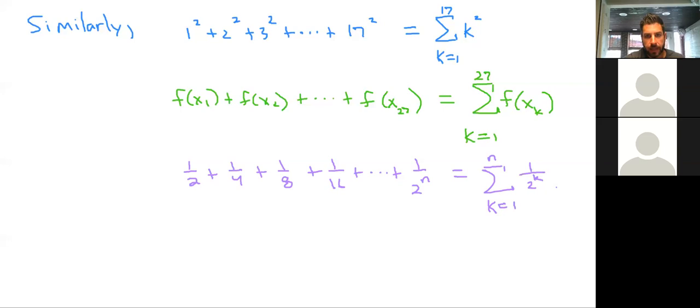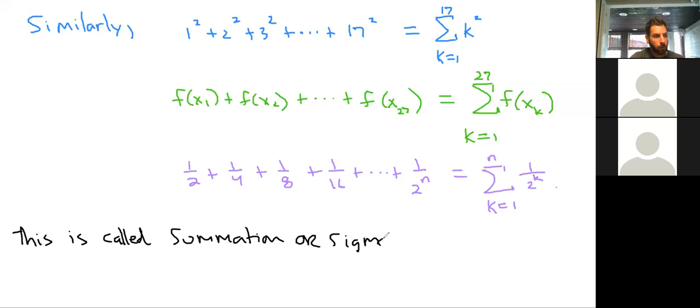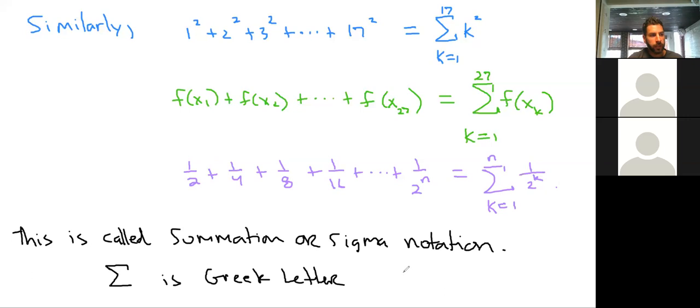So this stuff has a name. This is called summation or sigma notation. You may have seen this before, maybe in probability. These sums pop up in probability and stats and different classes. This is the Greek letter sigma.